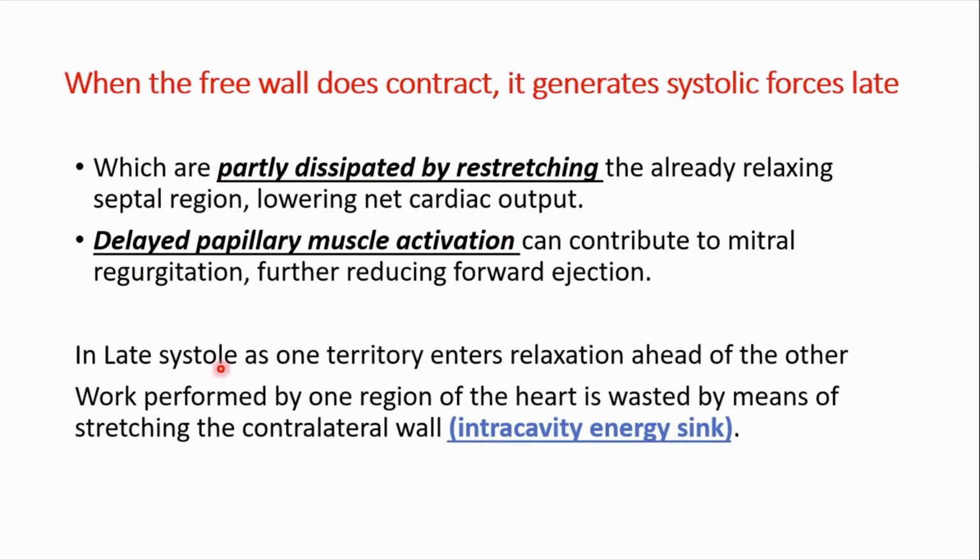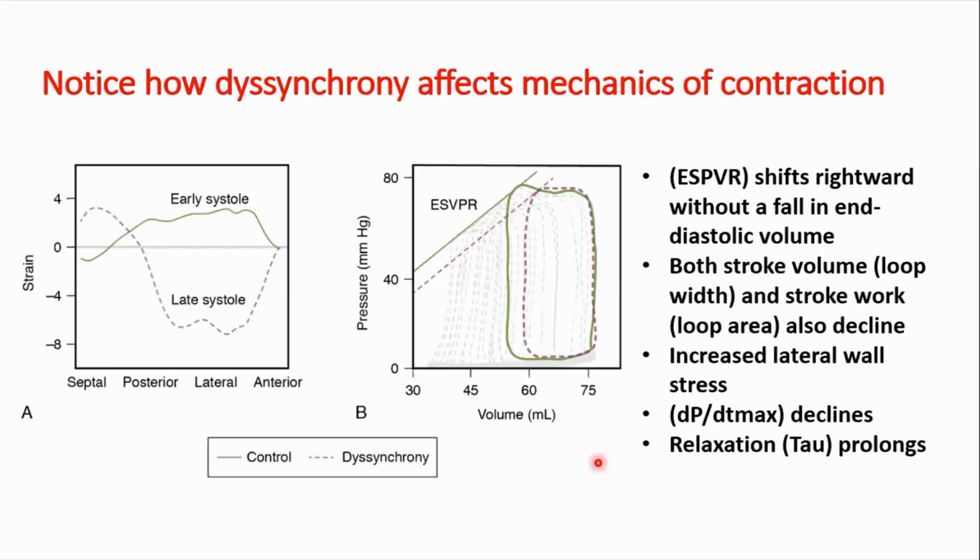So in late systole, one territory relaxes and the other contracts. This creates what we call the intracavitary energy sink, meaning that the energy generated by one wall is wasted by the stretching of the contralateral wall.